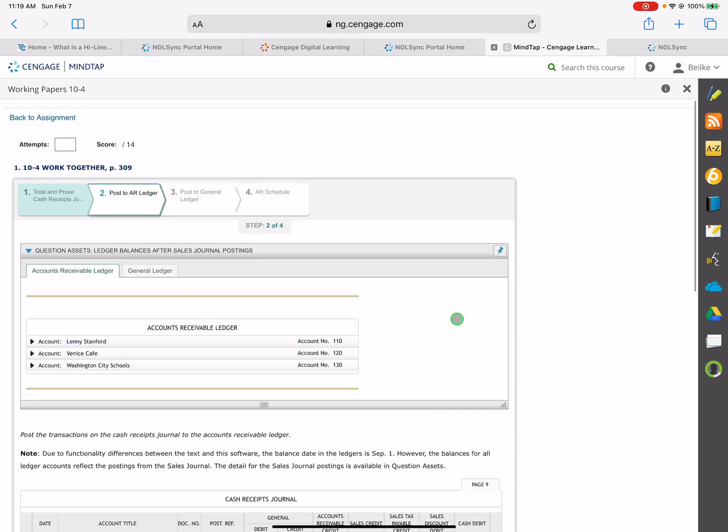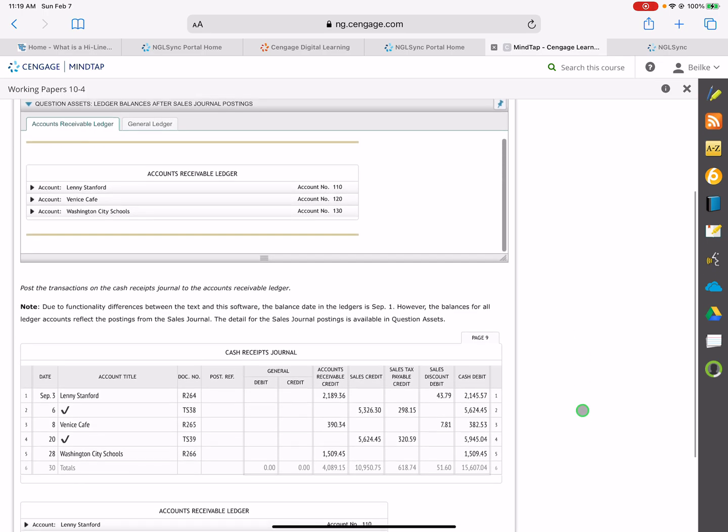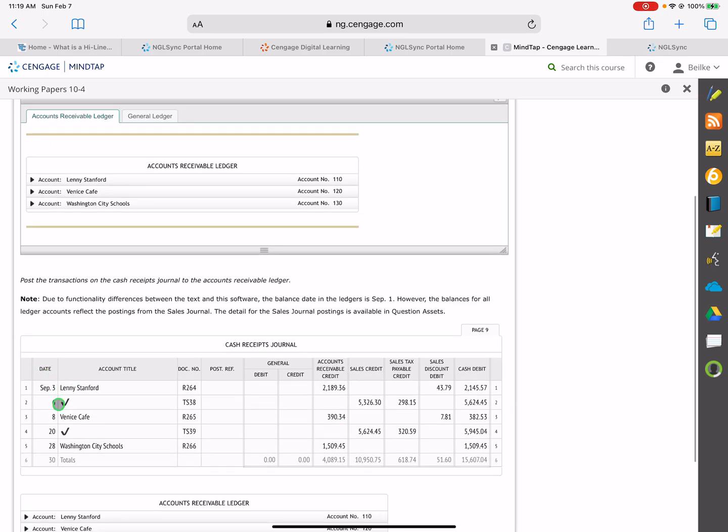Post to the accounts receivable. What you're going to do is take your customers, and remember, you do this throughout the month so that you keep your customers' accounts up to date. So we'll go through and post those. Our first one is accounts receivable, and we're going to credit those three numbers.